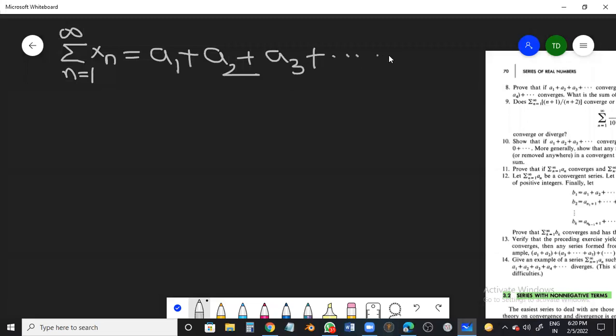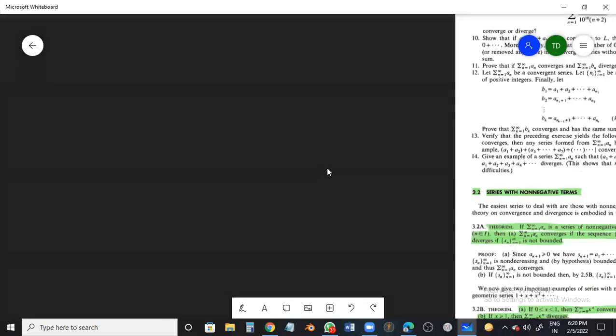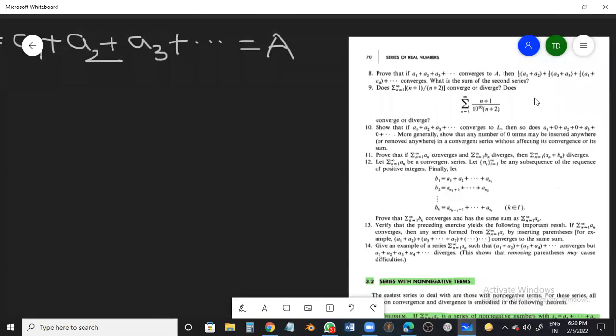And this sum they have given us to be equal to capital A. And they have defined another series, that is this one, half of A1 plus A2 plus half of A2 plus A3 plus half of A3 plus A4, and we always want to show that it is convergent.